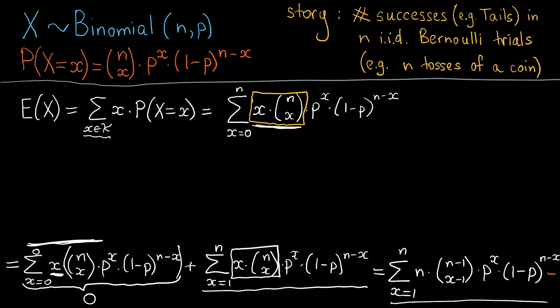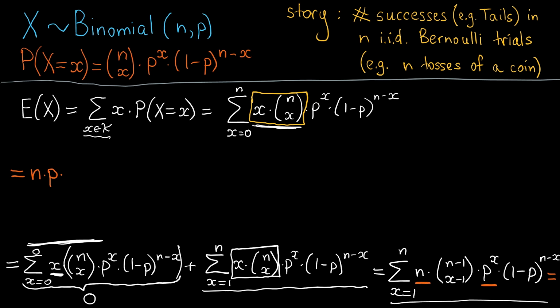But if we looked at it long enough, we'd probably figure out that we could pull out a couple terms and things become interesting. In particular, we can pull out this n, which is a constant. We can pull it out of the summation, not a problem. And we can pull out 1 p from this p to the power of x.